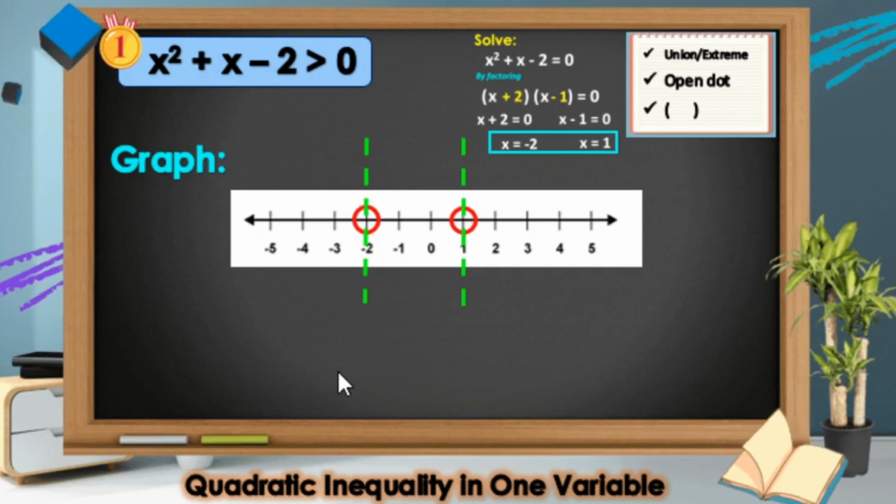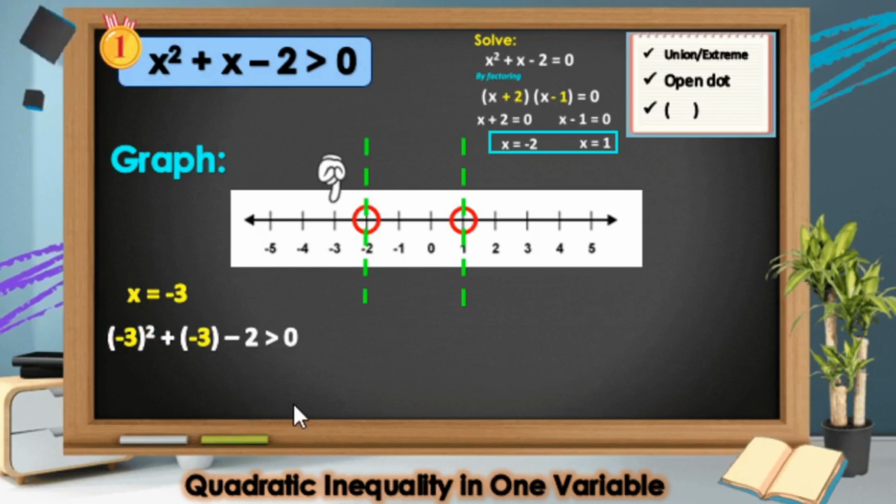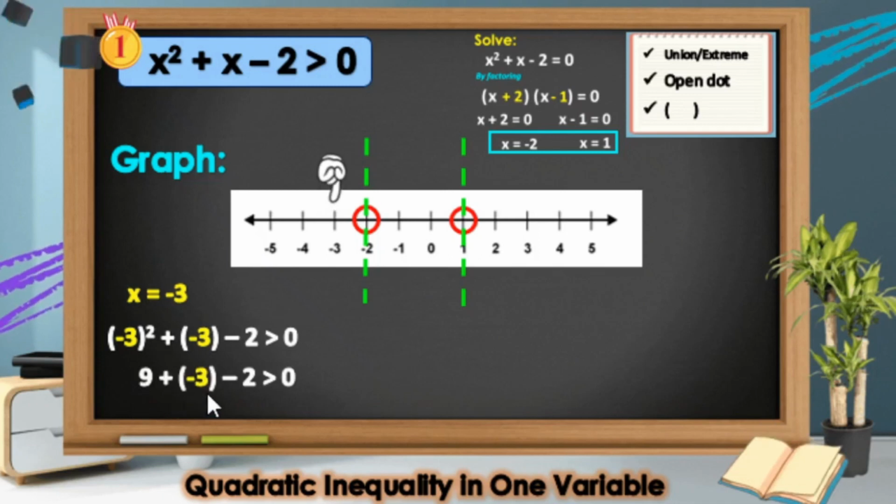So, let's try negative 3 in this region. So, isa-substitute natin yung negative 3 sa lahat ng x dito sa ating quadratic inequality. So, we will have negative 3 squared plus negative 3 minus 2 is greater than 0. And then simplify, negative 3 squared is 9 plus negative 3 minus 2 is greater than 0.